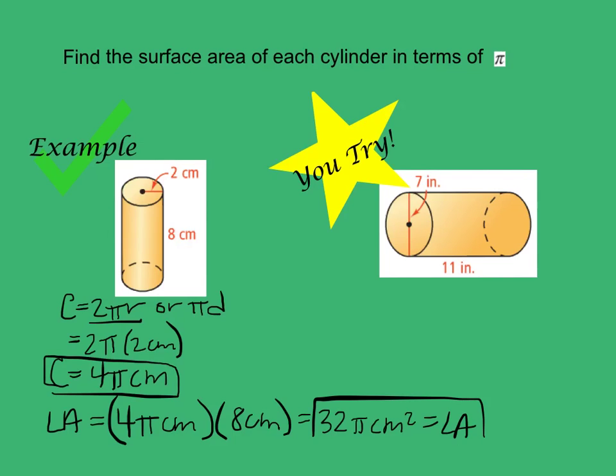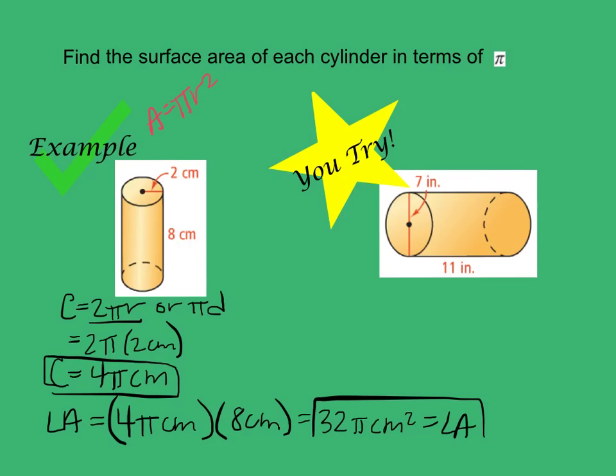Okay, so using those same 4 steps that we just did in our last examples, my next thing to do after I found the perimeter of my base and my lateral area is find the area of my base. So now I have to think back to area of a circle. Area of a circle is pi r squared.